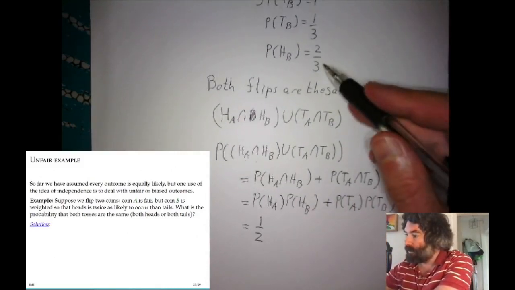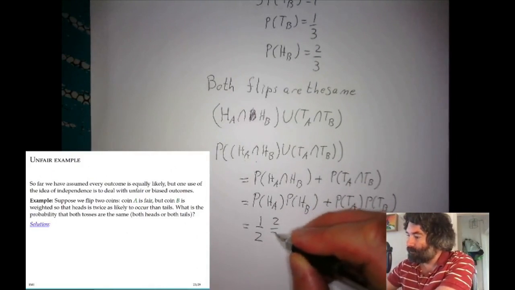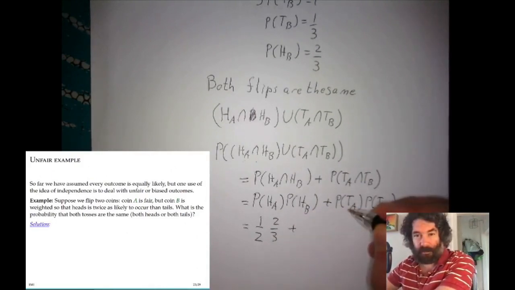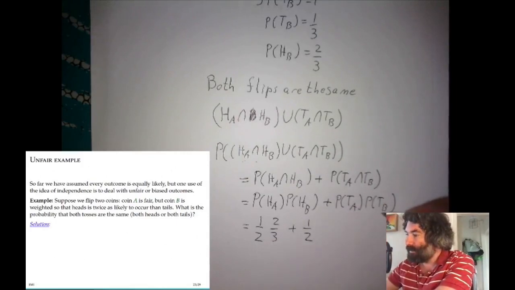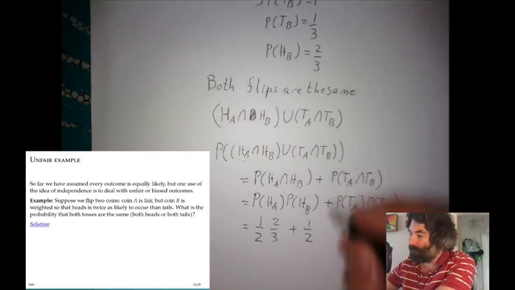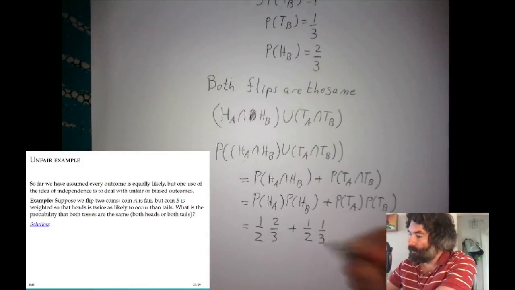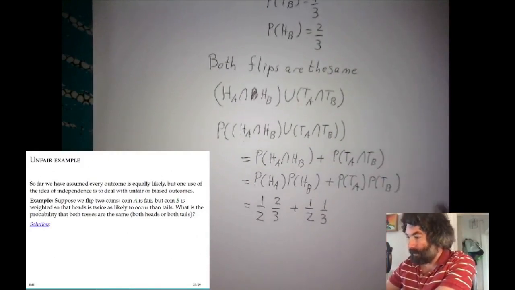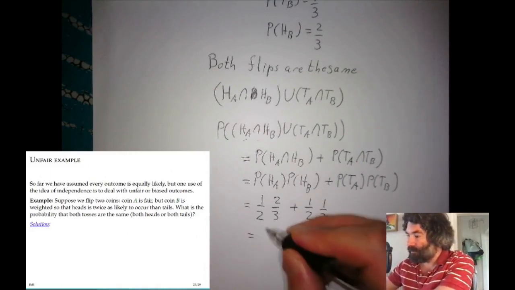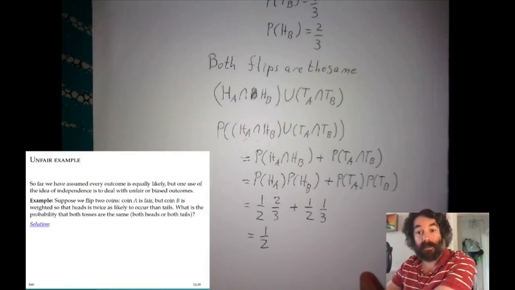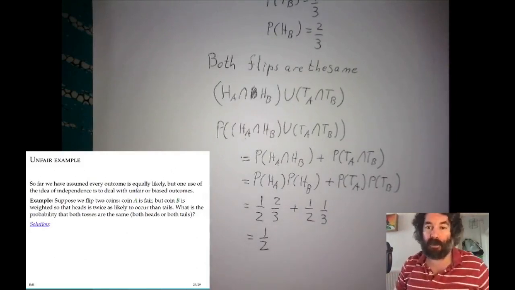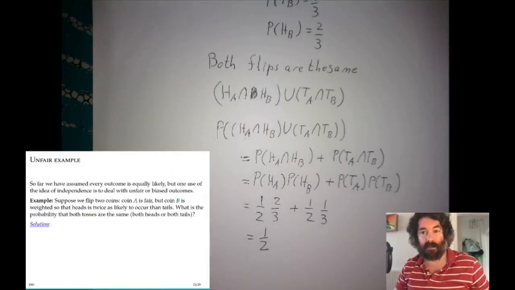So the probability of getting heads on B was 2/3, and the probability of getting tails on A was 1/2, and the probability of getting tails on B was 1/3. Right, and so we add all these together, and we get 1/2. All right, so the probability of getting the same outcome on both of the coins, either heads, heads, or tails, tails in this case, is 1/2.